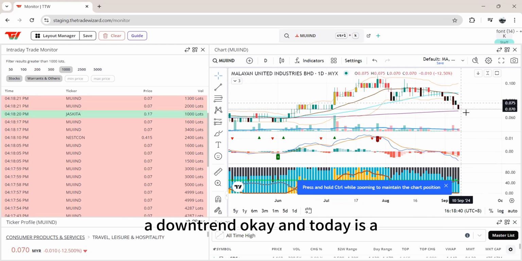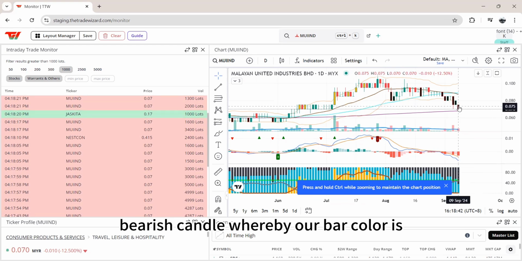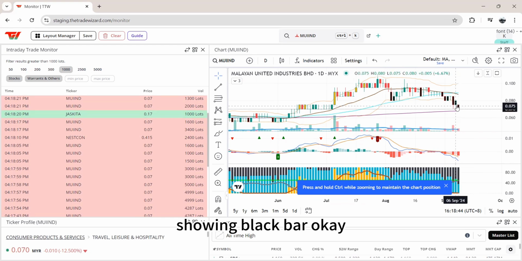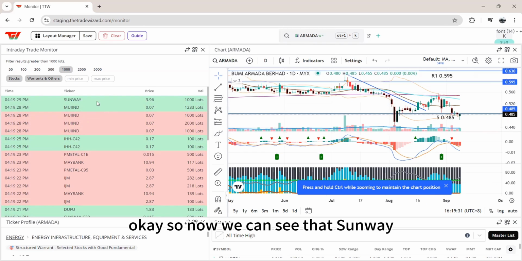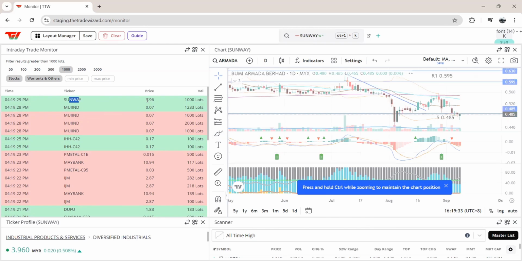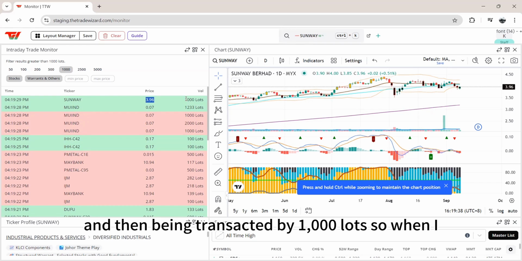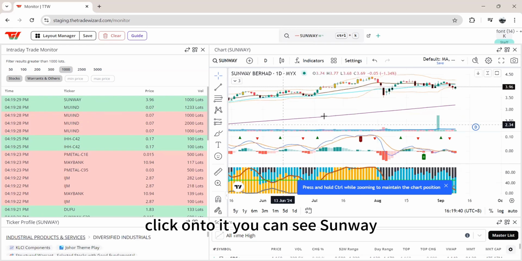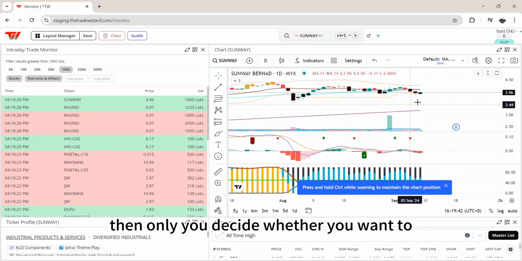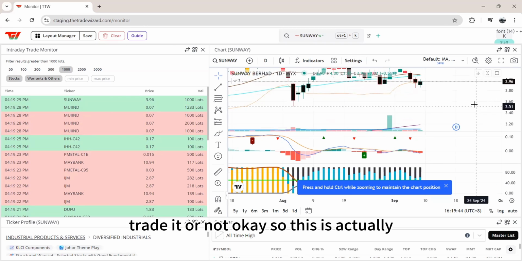Okay, and today is a bearish candle, whereby our bar color is showing a black bar. Okay, so now we can see that Sunway, with such a heavy price of 3.96 and being transacted at 1,000 lots. So when I click onto it, you can see Sunway appear over here. Then only you decide whether you want to trade it or not.